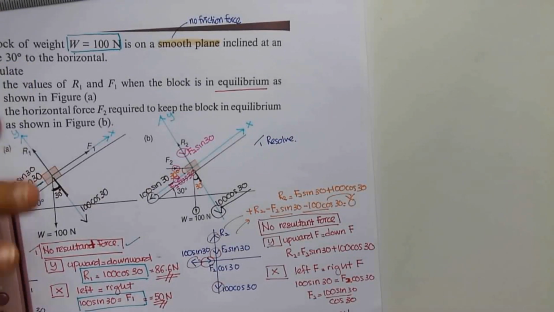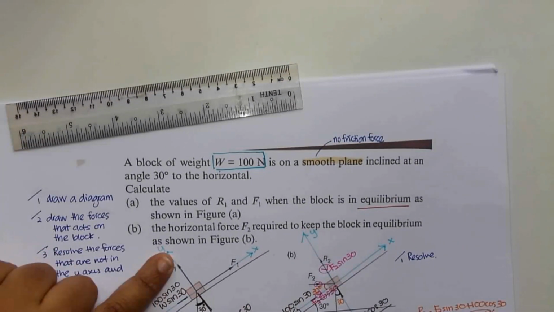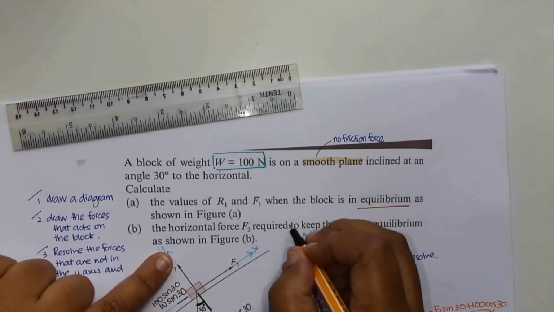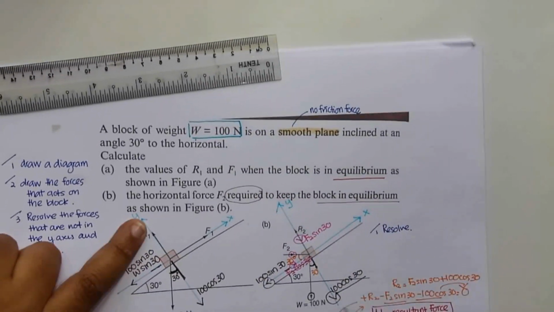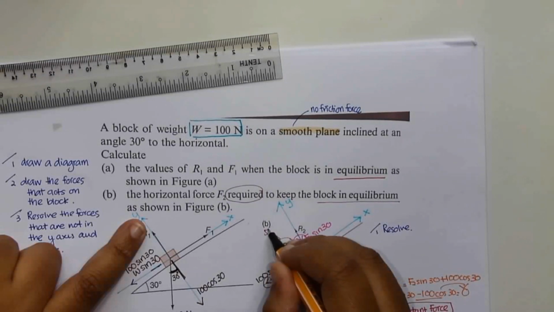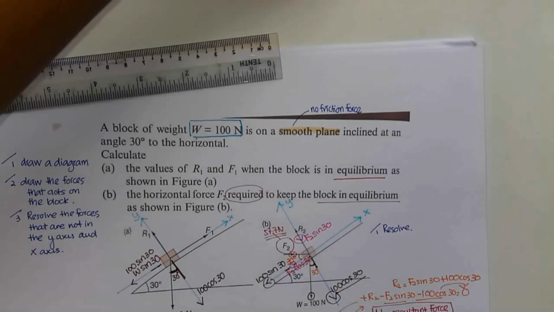Why? Because the question asks for the horizontal force required to keep the block in equilibrium. So F2 is 57.7 Newton.